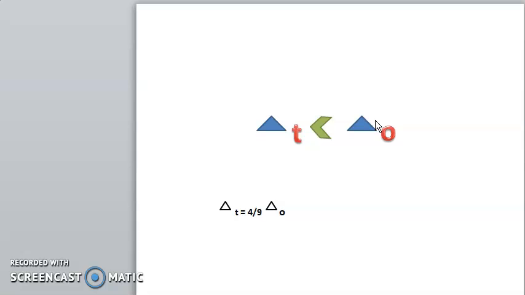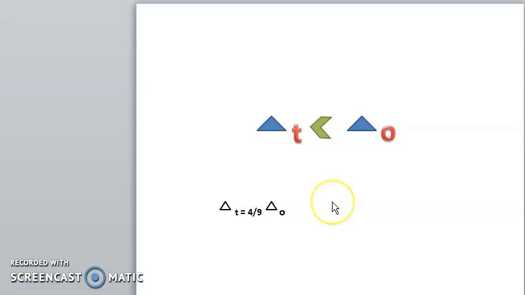The relation between these two energies is del T is equal to 4 by 9 del O. So we have to keep in mind that del tetrahedral is lower than that of del octahedral.